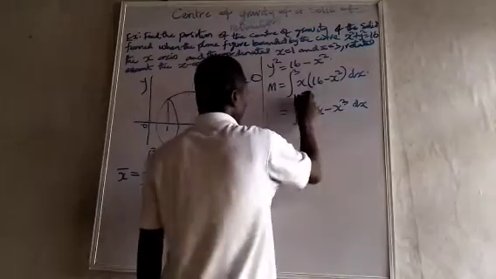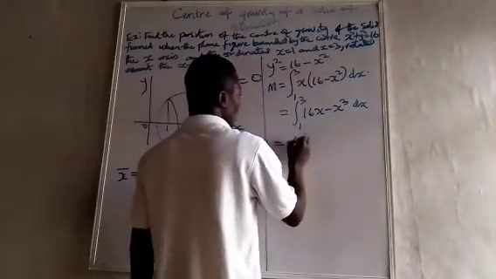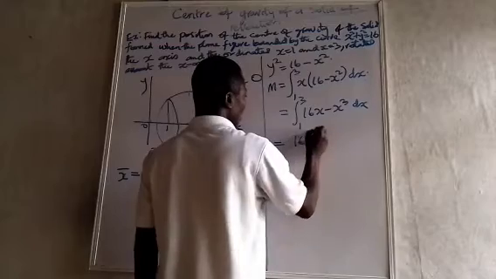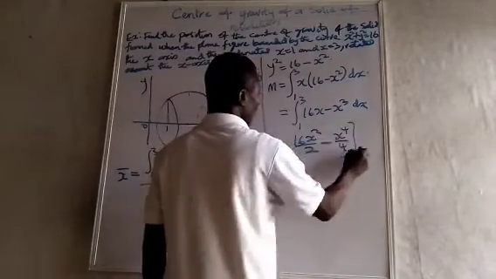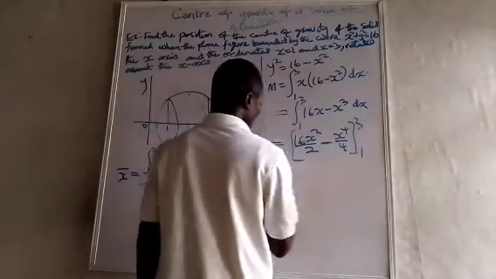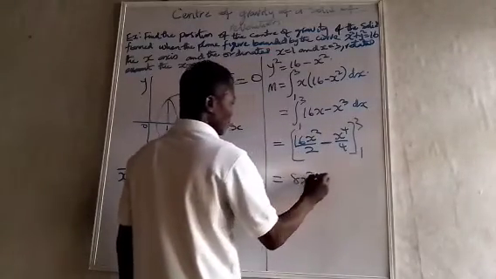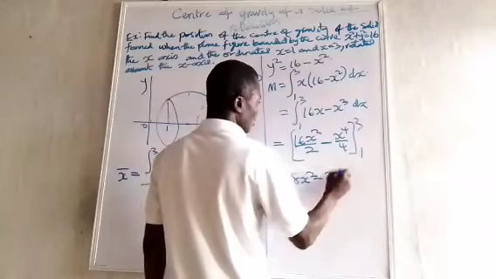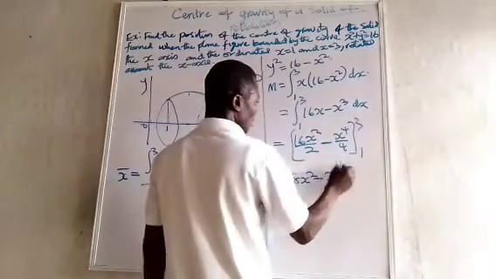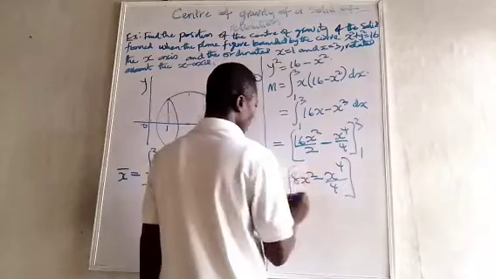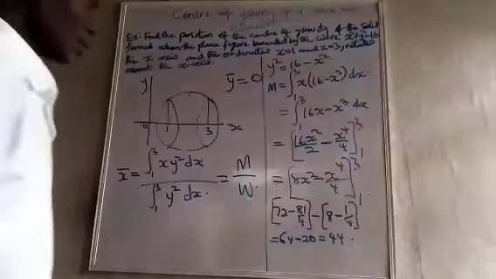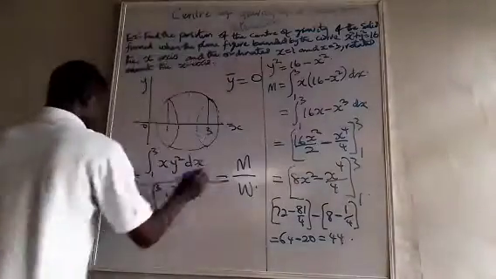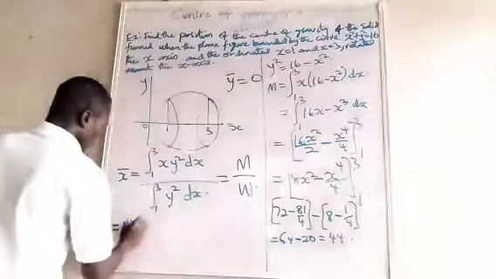Integrating, this gives 16x squared over 2 minus x to the power 4 over 4, from 1 to 3, which is 8x squared minus x to the power 4 over 4. Let me use the calculator. So N is equal to 44.